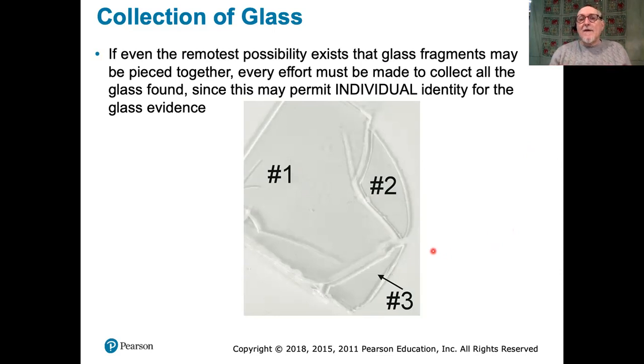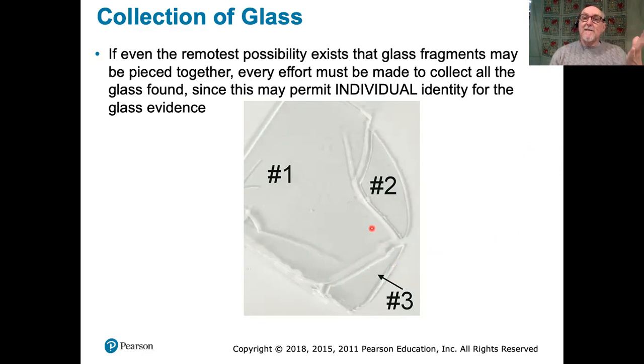Nonetheless, if the possibility exists that such a matching could be done, then all of these glass fragments need to be collected from the window in question and kept in such a way, for example, that they do not butt up against one another and chip and damage one another.